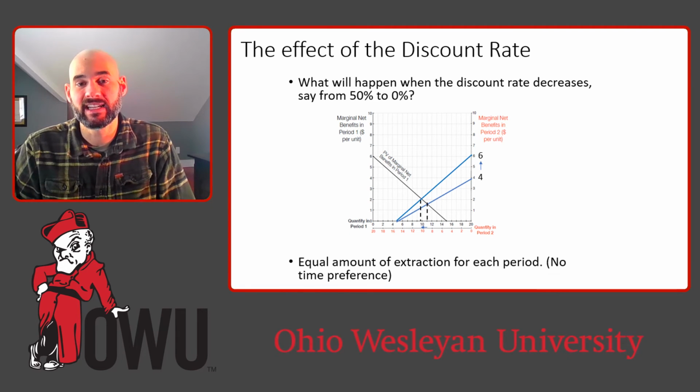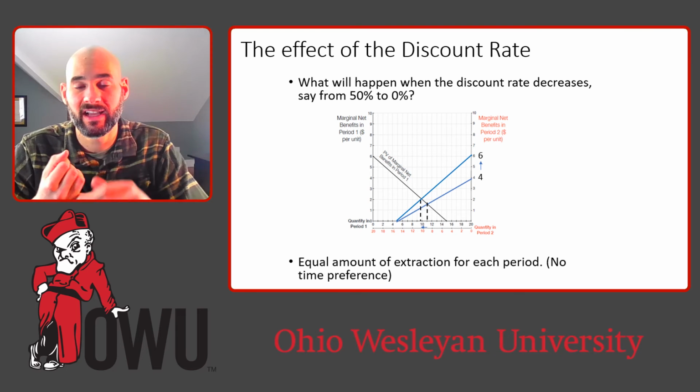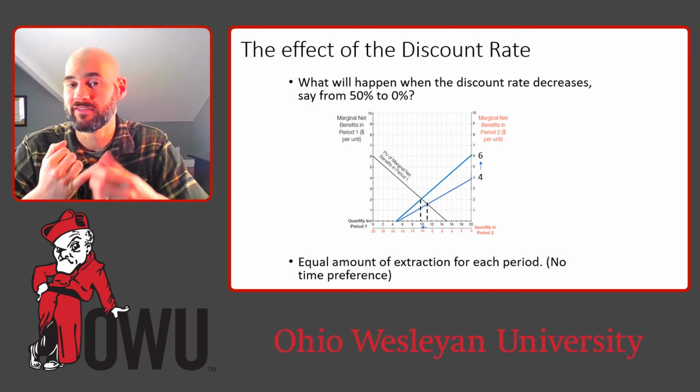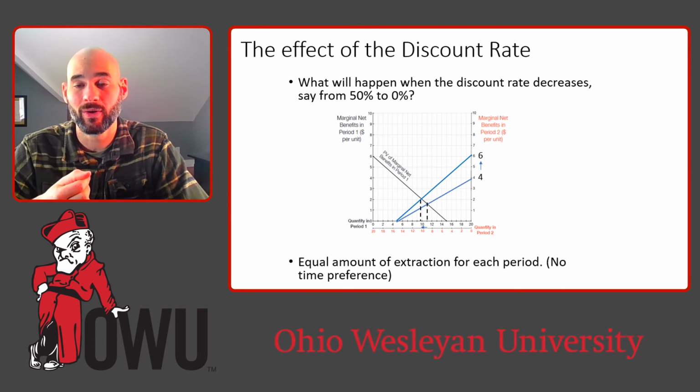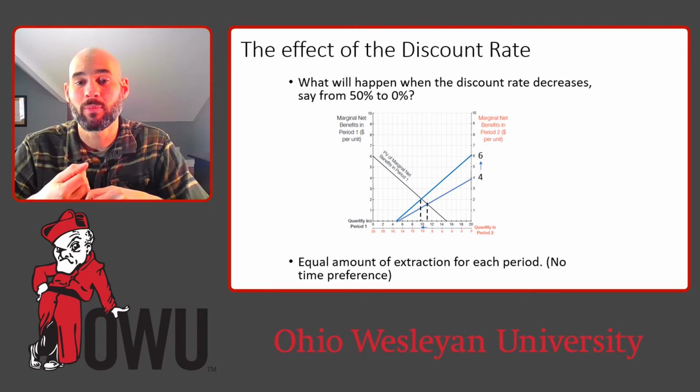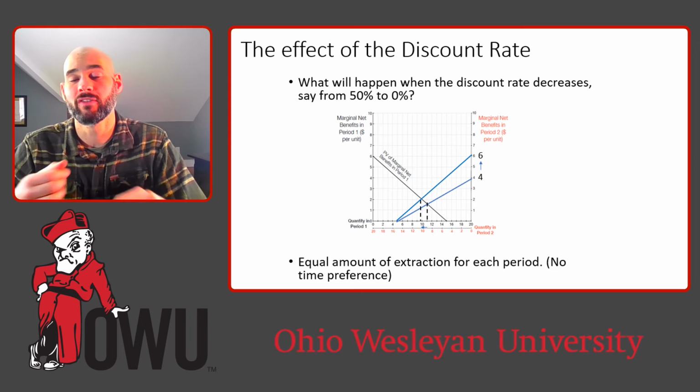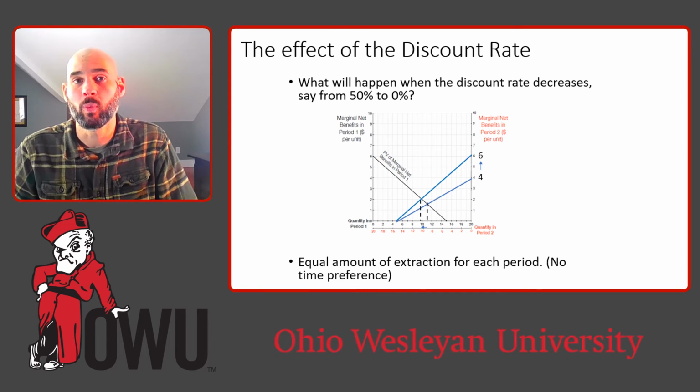On the other hand, if we decrease the discount rate from 50% or 10% down to 0, then we are just dividing our present value of our marginal net benefit curve in period 2 by 1 plus 0 raised to the 1.